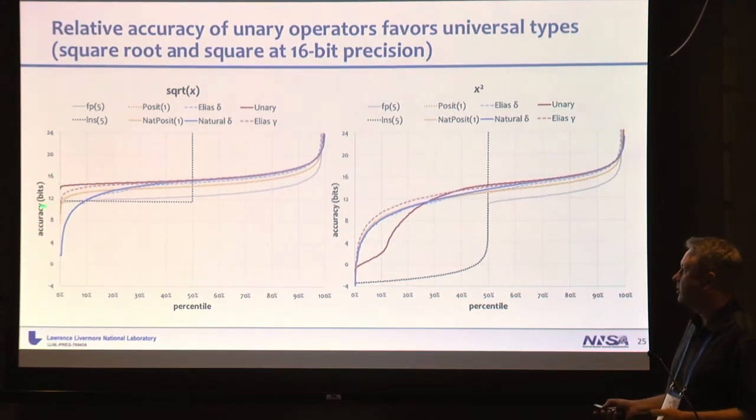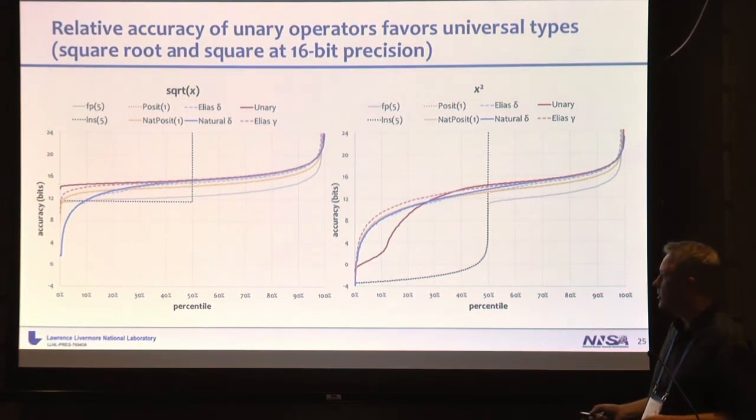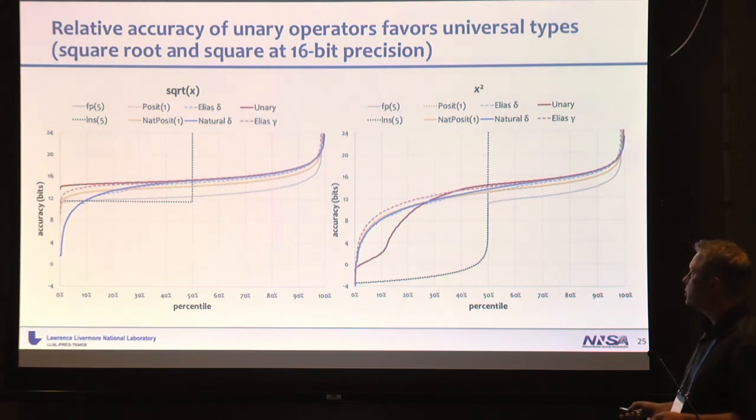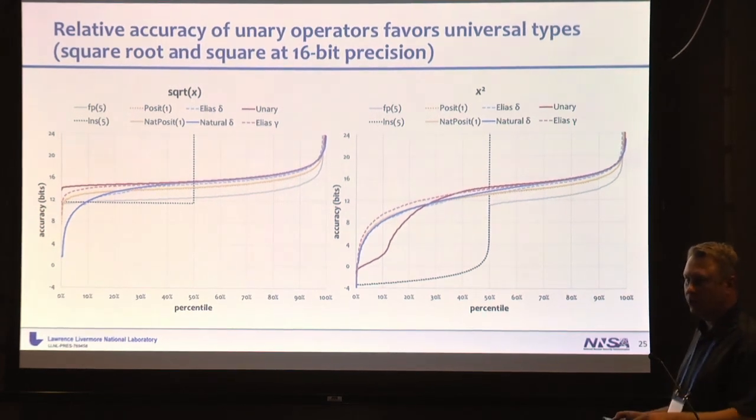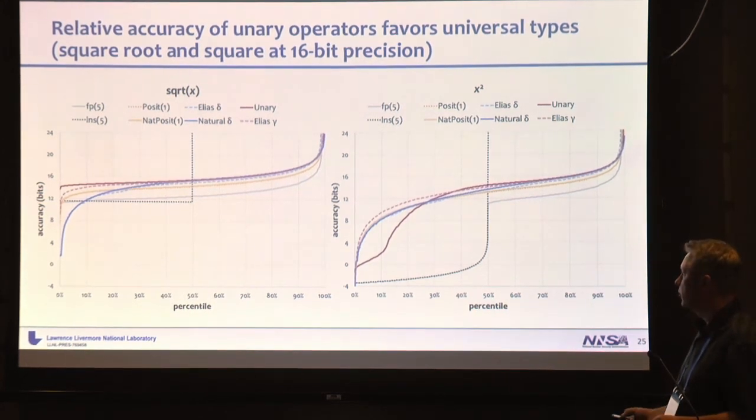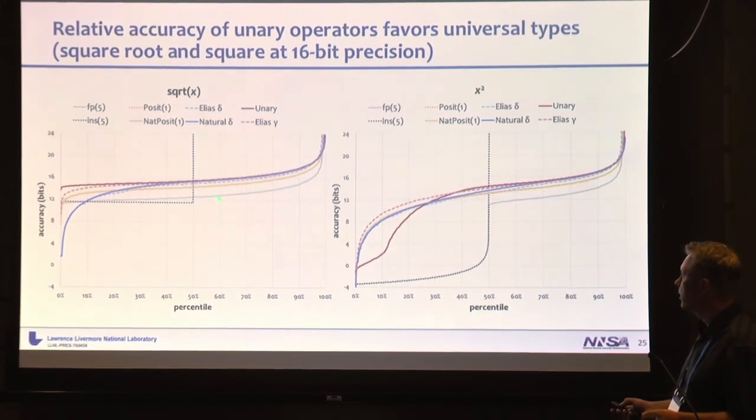And instead of errors, I'm actually measuring accuracy, so it's essentially a reciprocal of error. What you're seeing here is interesting. This gray-looking curve has the lowest accuracy. That turns out to be essentially identical to IEEE, but with all the subnormals and crazy NaN representations removed, so that can fit into our framework.